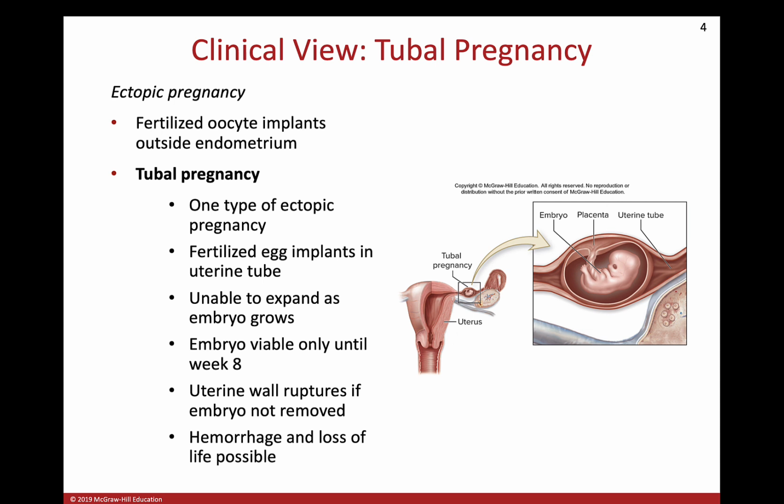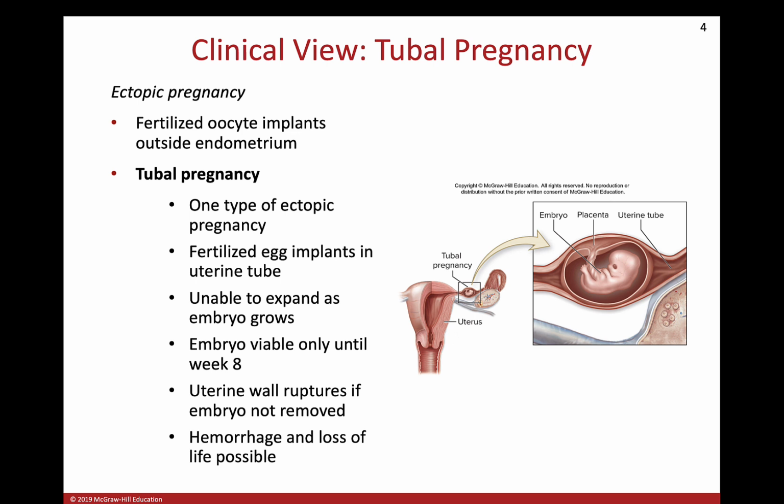Now, in this clinical situation, they're talking about tubal pregnancy. In particular, this is an ectopic pregnancy, and the fertilized oocyte implants outside of the endometrium. A tubal pregnancy is one type of ectopic pregnancy. The fertilized egg implants itself within the uterine tube and not the uterus.